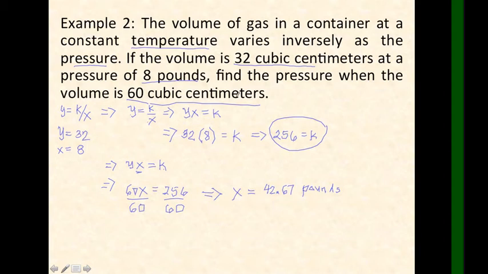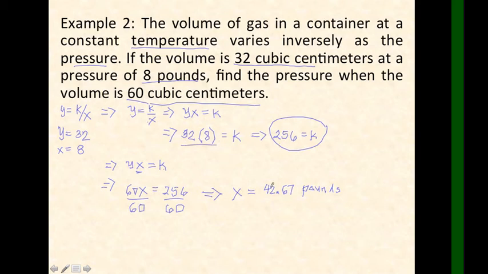Kung gusto mo makita kung tama ang answer mo, i-multiply mo si 42.67 kay 60. Dapat pareho sila ng product ni y at ni x. Ang product ni y at saka ni x nung una, dito sa ating problem class, kung nakikita nyo, is 256.